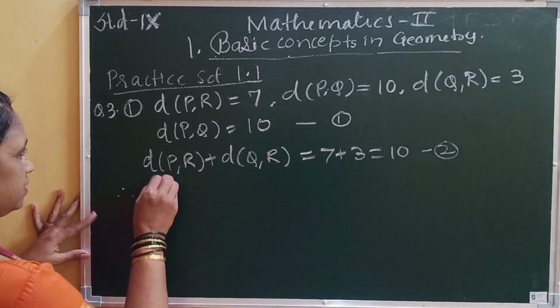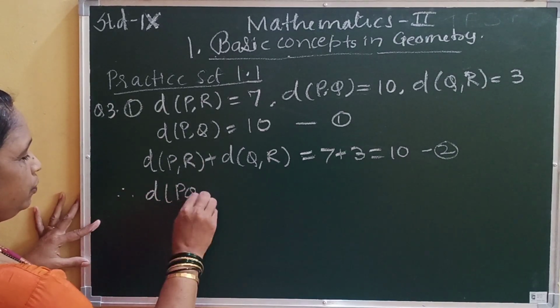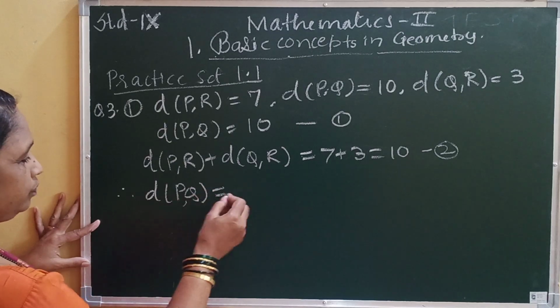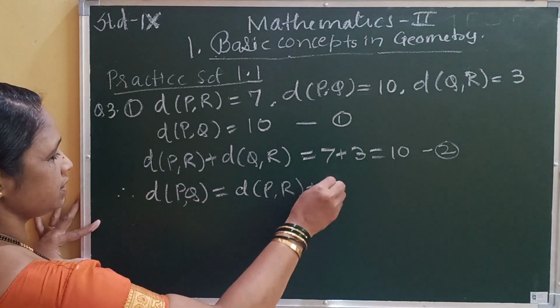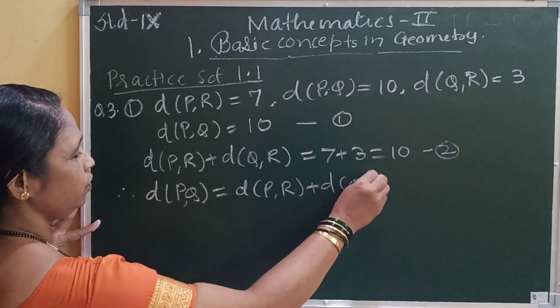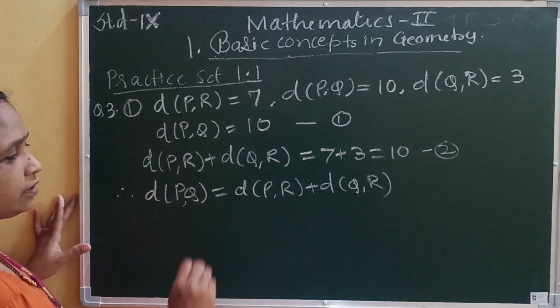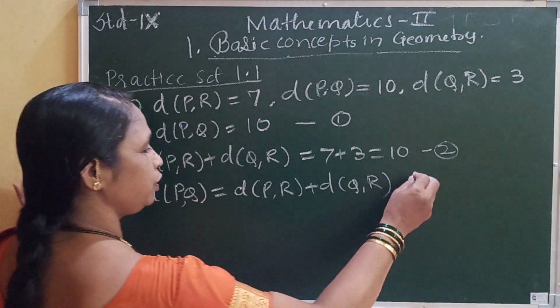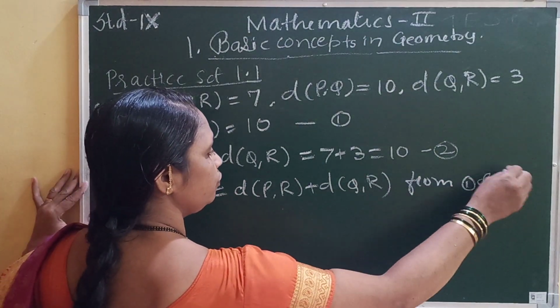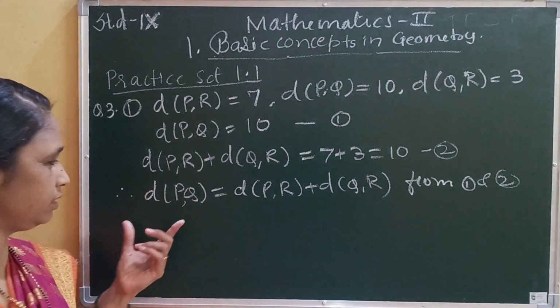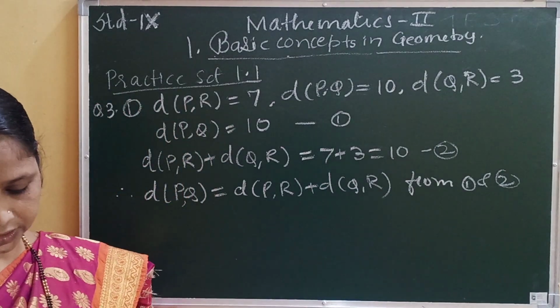So what we have to write: therefore, distance PQ is equal to distance PR plus distance QR. From where did we get this? From 1 and 2.